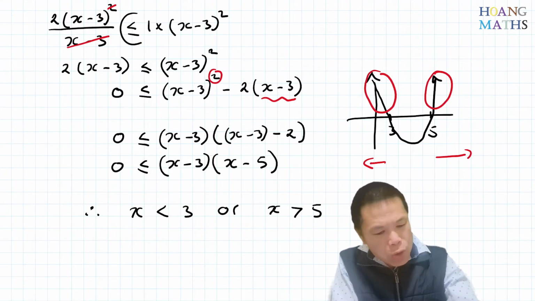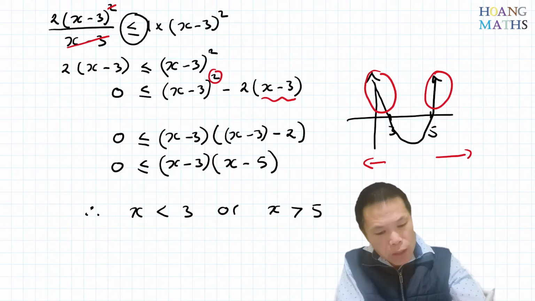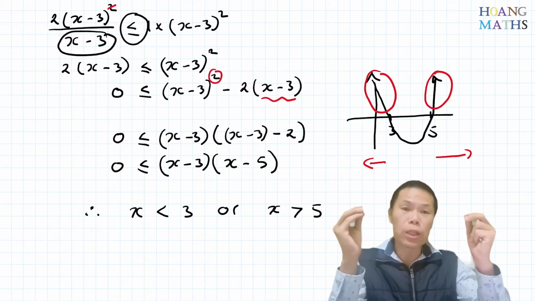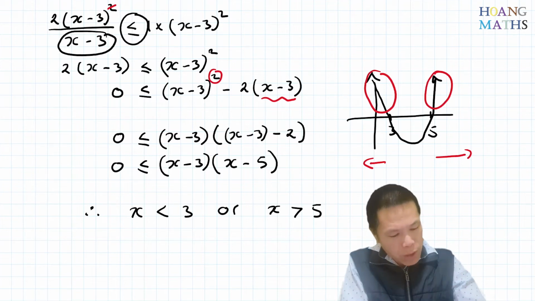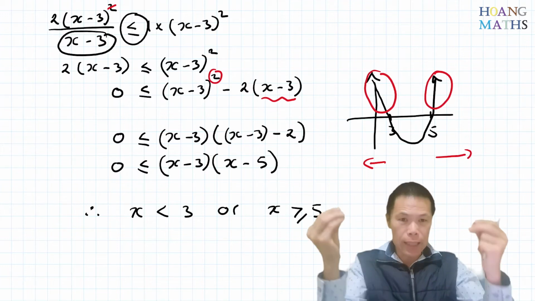But then we have equal, so we need to write equal. But be careful: x cannot be equal to 3, because if it equals 3, the denominator is 0. You cannot divide by 0, okay? So this one we leave as it is, and this one we have the equal sign. There you go. That is the answer.